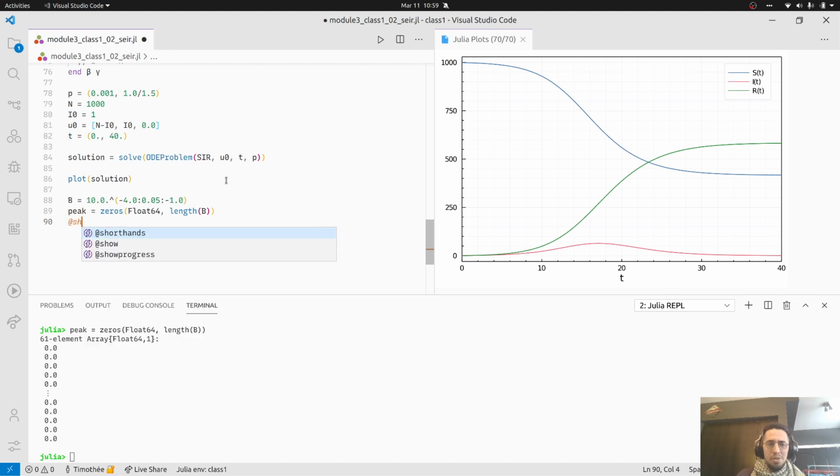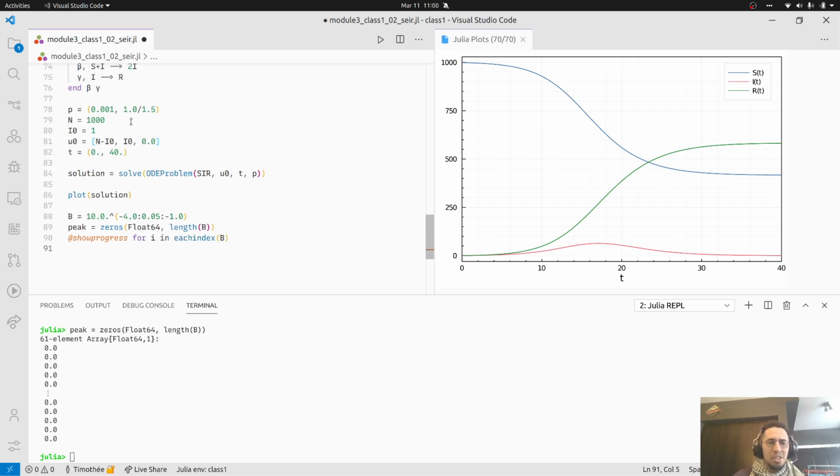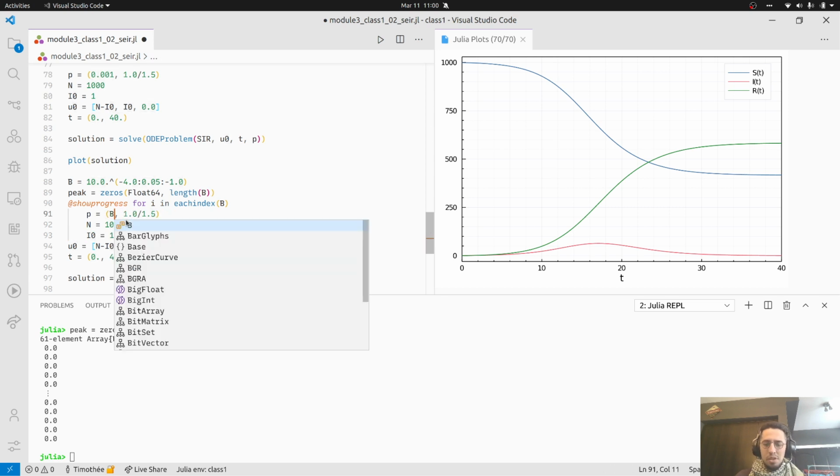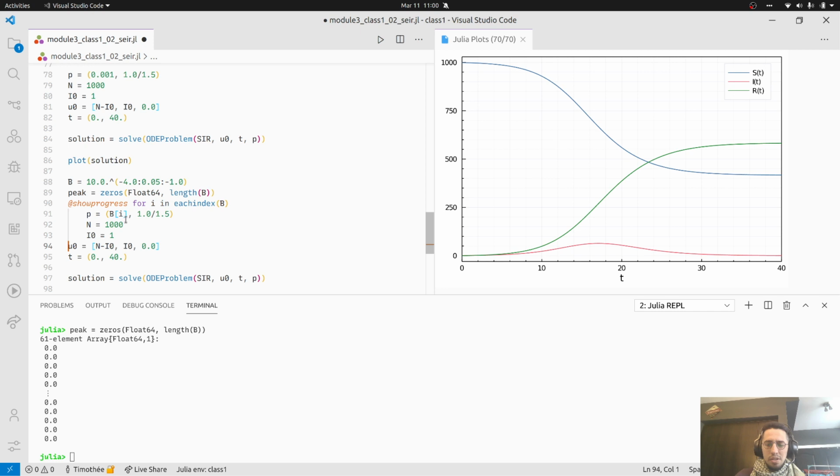And we are going to do a little show progress for i in each index of B. That's going to be our model. It's going to be this thing, but here it's going to be B i. We're going to give it a little bit more time.